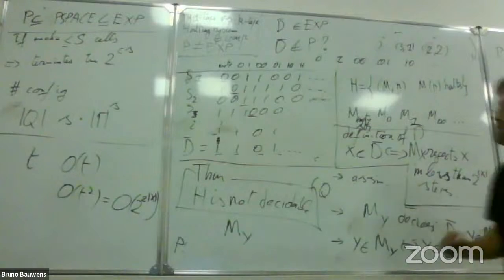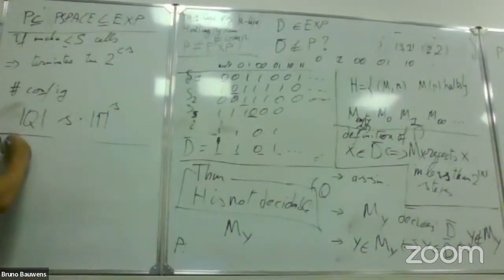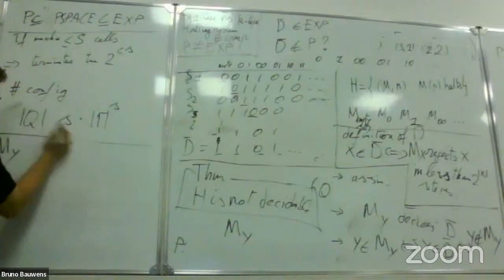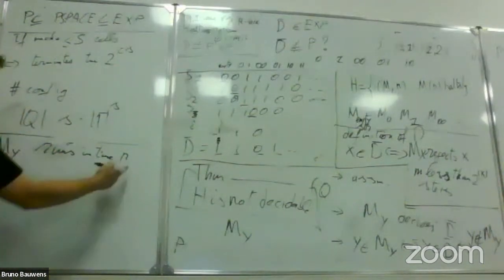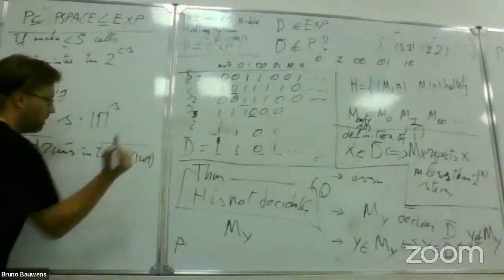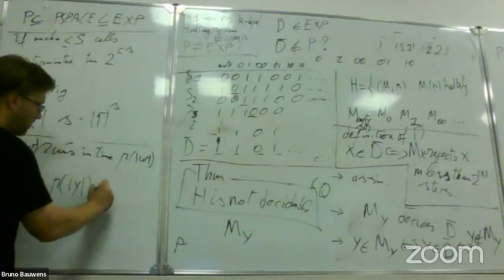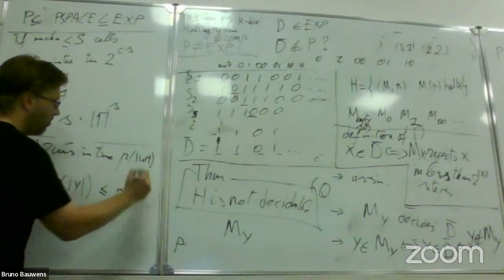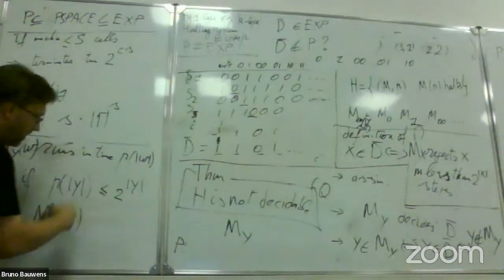So let us say that M_y runs in polynomial time, p is some polynomial, so M of w runs in time p of length of w. We know that if p of length of y is smaller than 2 to the power length of y, then the answer of M on y will be the opposite.